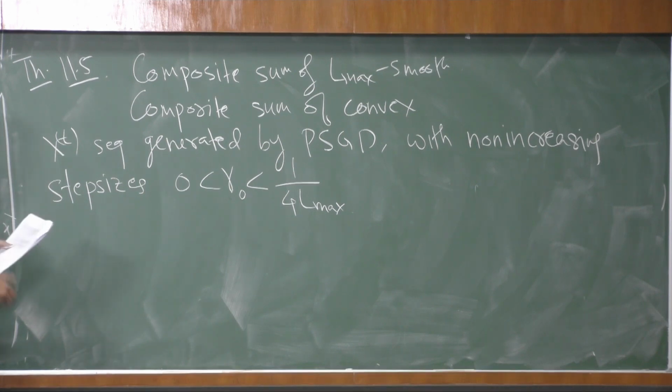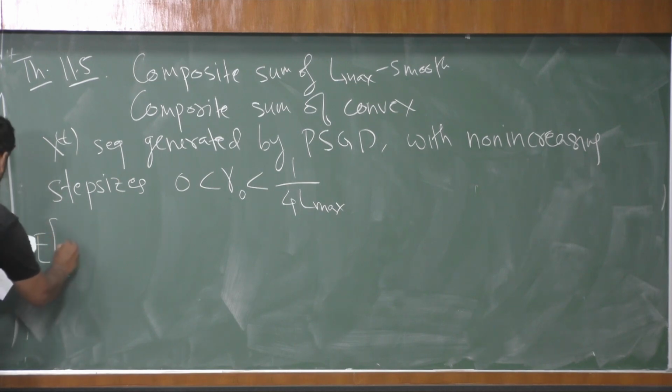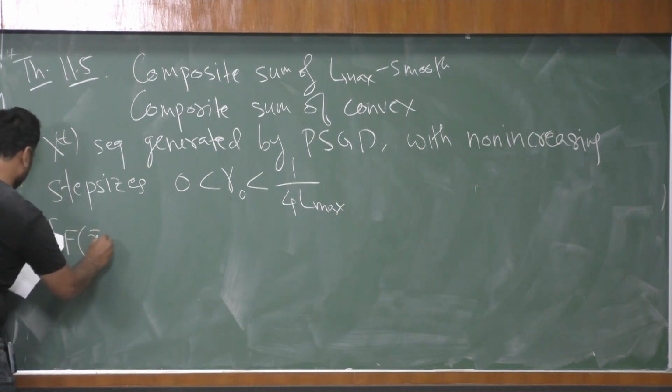Then the result says that now we will have to use expectation, because this is stochastic. So f(x bar_t).